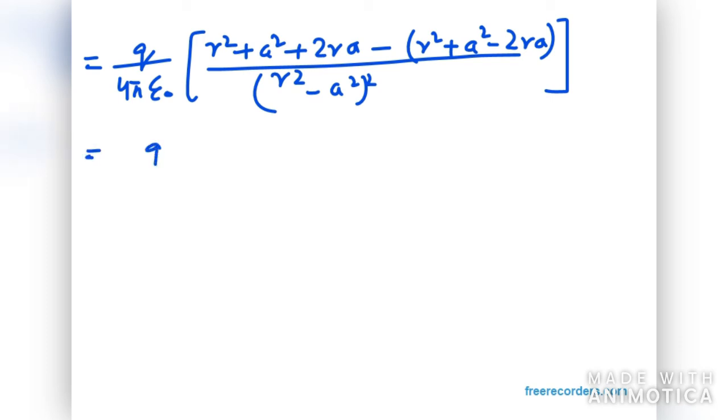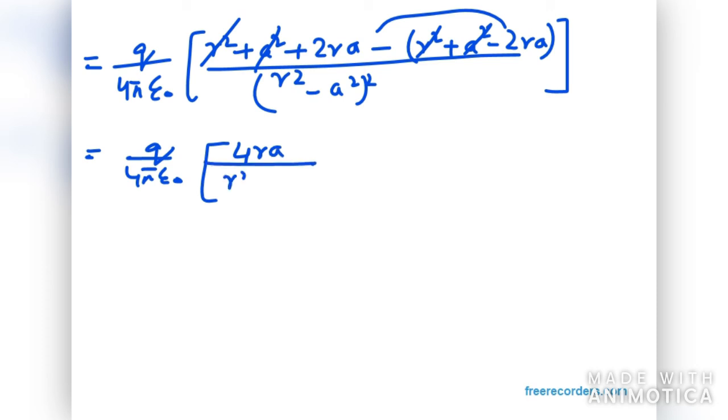We have q over 4 pi epsilon naught. So this r square and this r square will get cancelled. This a square will get cancelled with this a square. Then we are left with 2ra plus 2ra. It will be 4ra over (r square minus a square) whole square in the bracket.